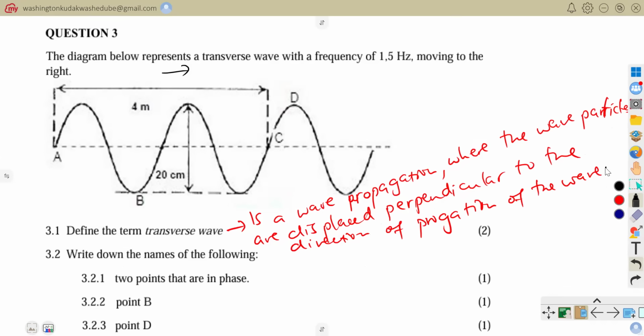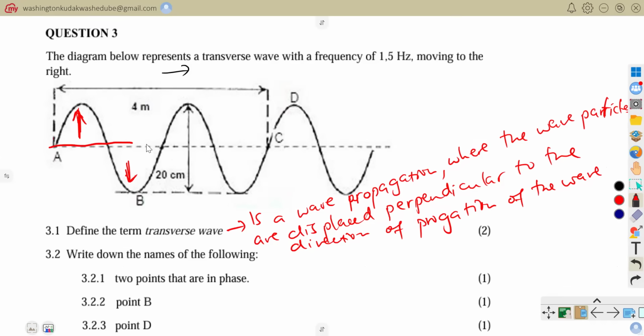What it simply means is the wave particles, you can see that as they are moving, they are displaced up and down. I'm sure you can see that as the wave particles are moving, they are displaced up and what? And down. They move up and they also come down. So their displacement is this direction, which is up or else down.